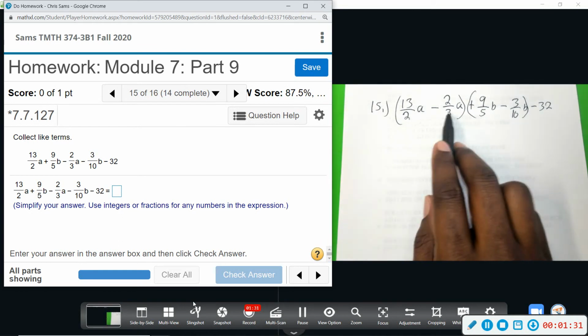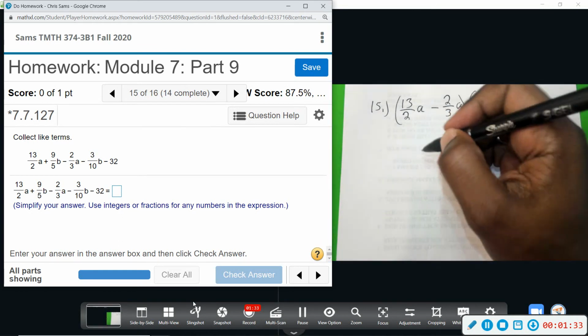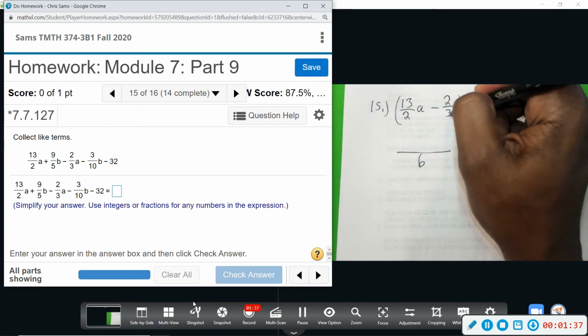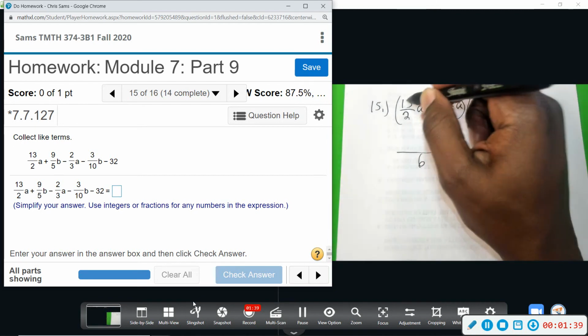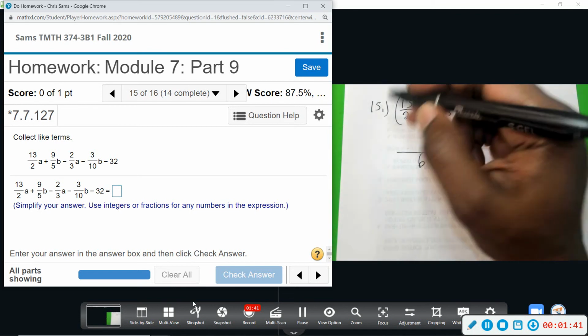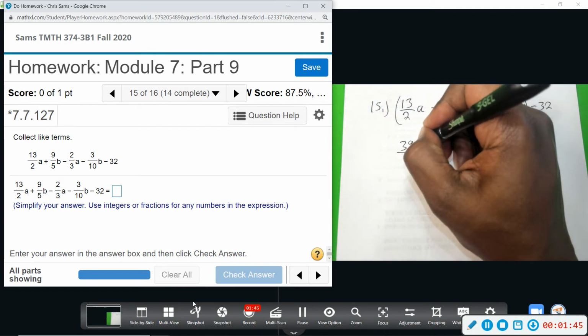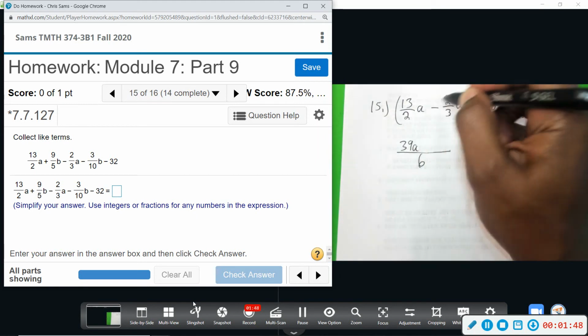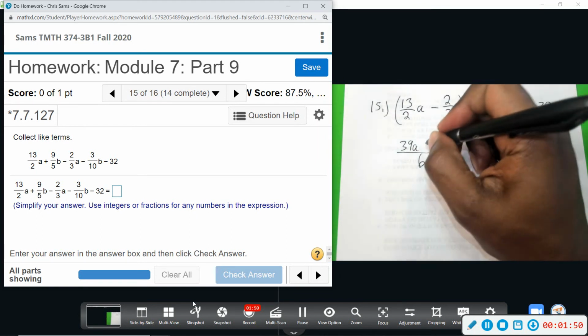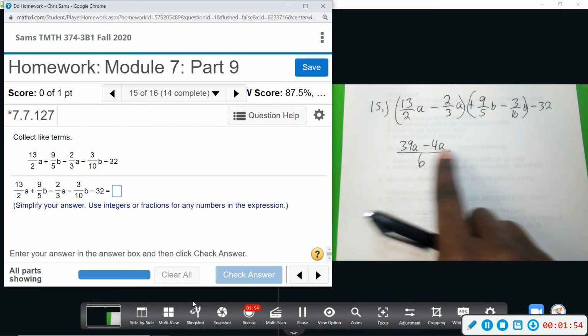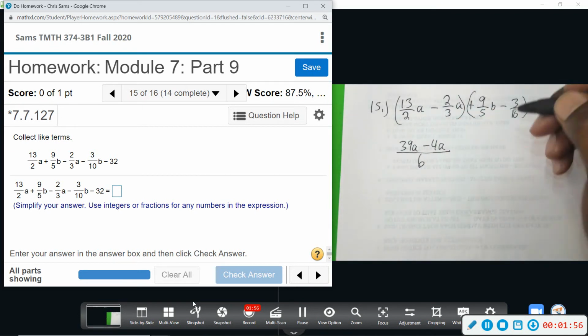So 2 times 3 will give us a denominator of 6. And then cross multiply, 3 times 13 will give us 39. And then 2 times 2 will give us 4, but that's minus, so it'll be minus 4a. So this is what we're dealing with here.